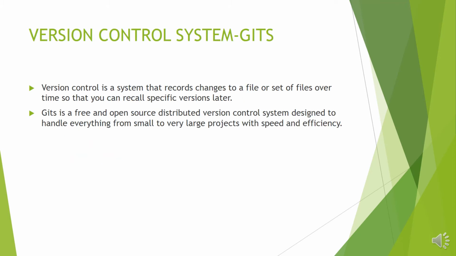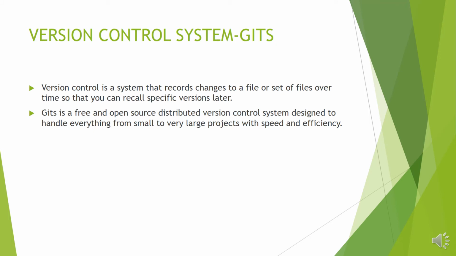And human beings, whatever we do, we need to keep a record. Sometimes you need to record whatever we do, some amendments that we make, the time that we make them. We have to keep records of it. The computer too contains a version control system which keeps records of whatever you do. The version control system is a system that records changes to a file over time, so that you can recall specific versions later.